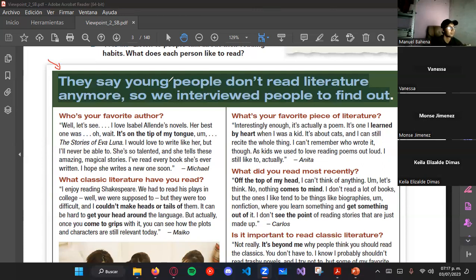Ellos dicen que los adolescentes, las personas adolescentes no leen literatura más. Así que, ¿cómo se dice? Ay, interview, pero se me fue la palabra en español.